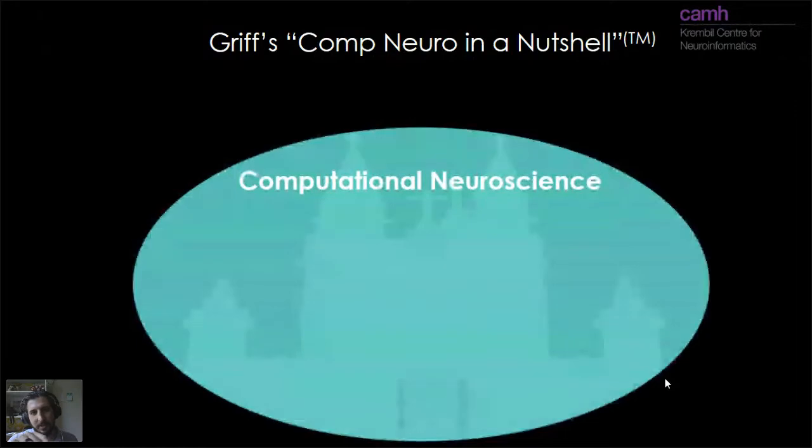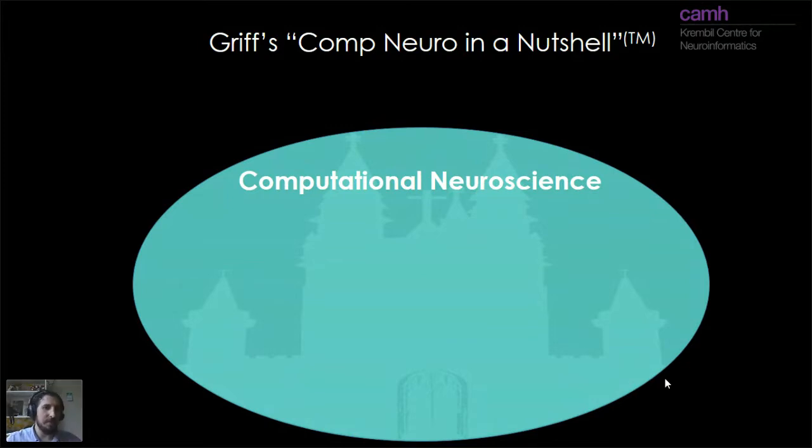So the basic idea is that computational neuroscience, if you didn't know already, is an extremely broad church, in that the biological questions, the types of people, it basically covers everything in neuroscience and then some, right?